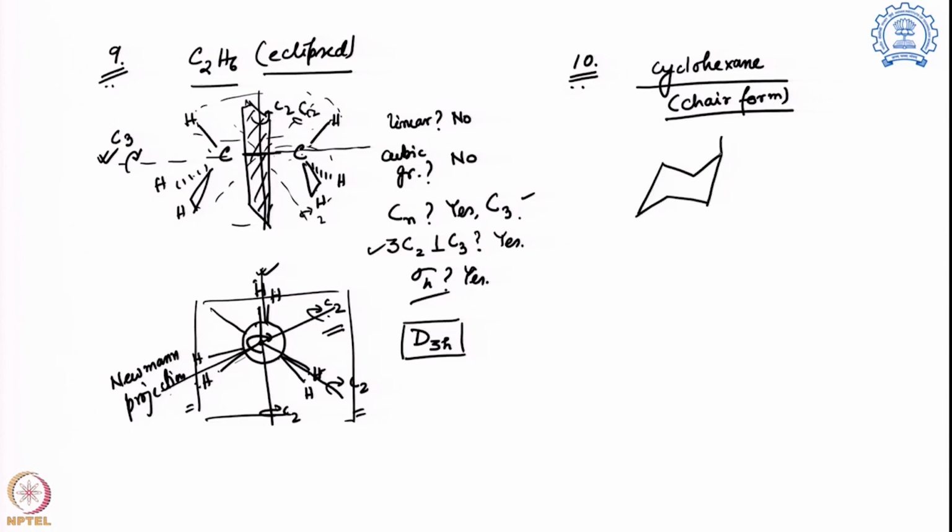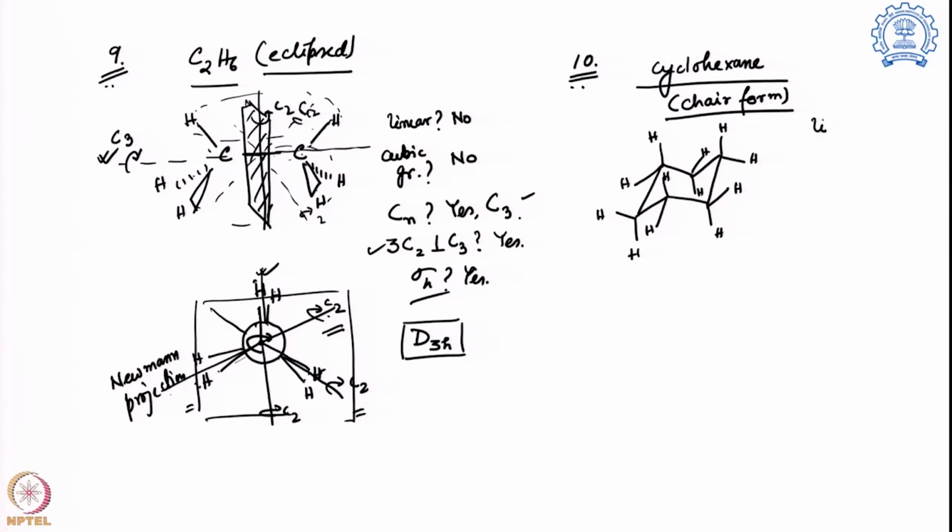That is how the chair form looks. And these are all the positions where the hydrogens will come. So, this is the molecular structure. We have to find out the point group of it.